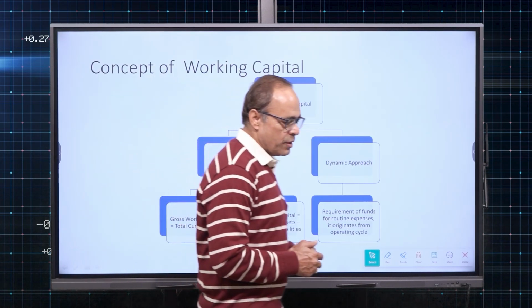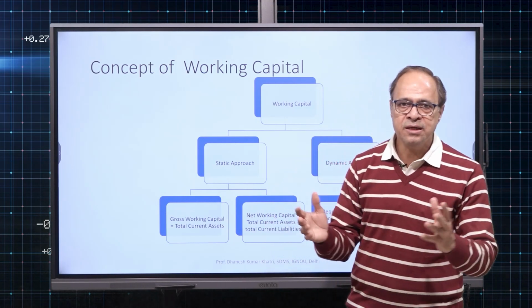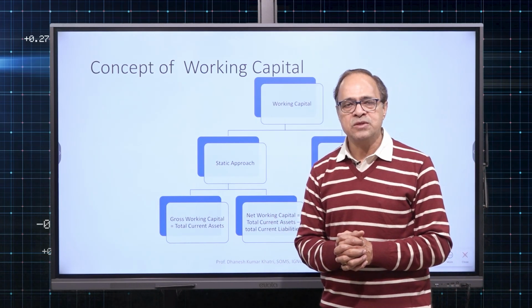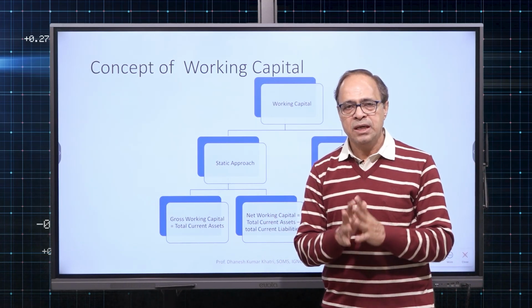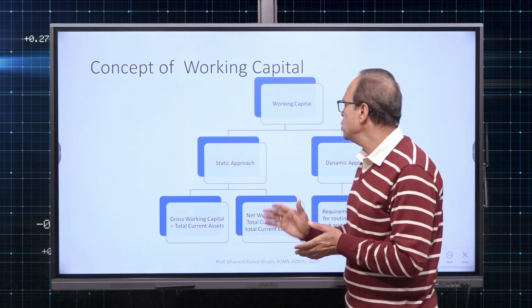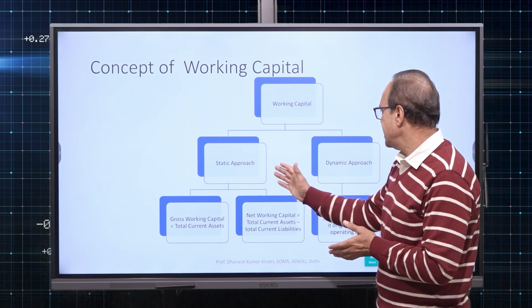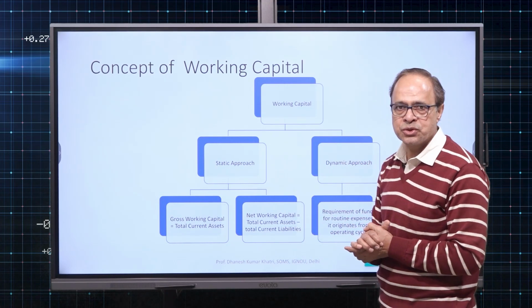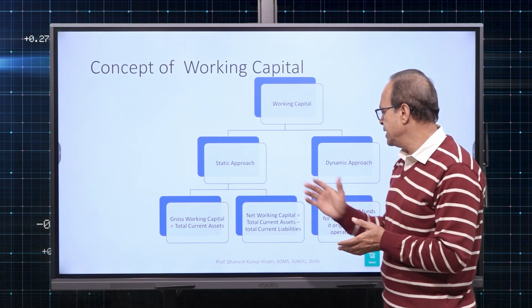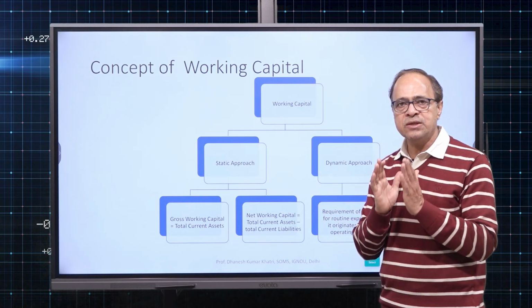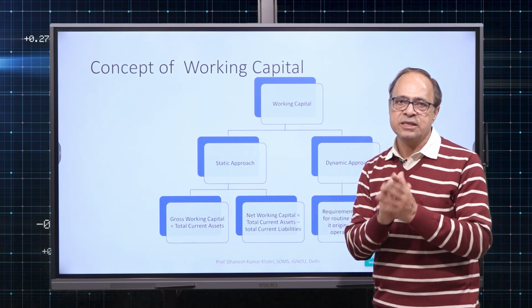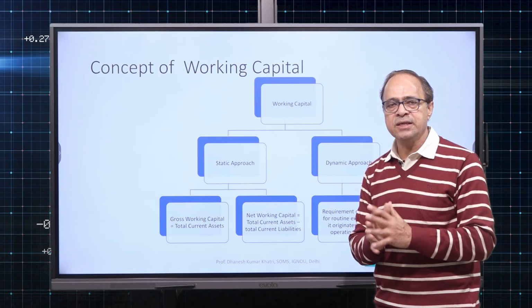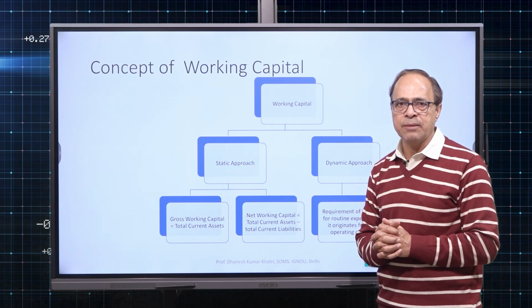If you see, working capital in general we say requirement of funds for day-to-day activities, but conceptually it has two viewpoints, static approach or dynamic approach. Static viewpoint means when we visualize the working capital from the balance sheet aspect, or balance sheet data is taken to arrive at the working capital.